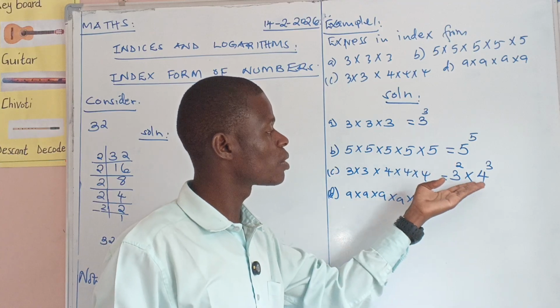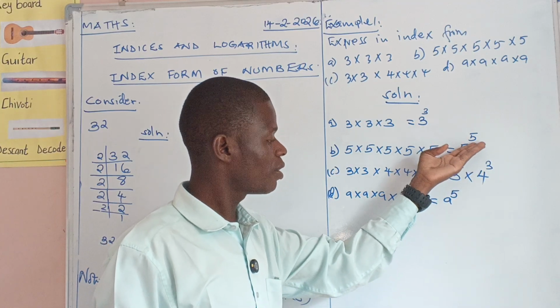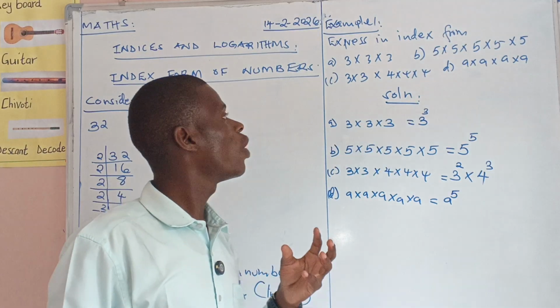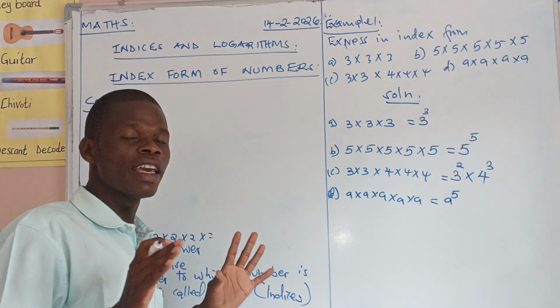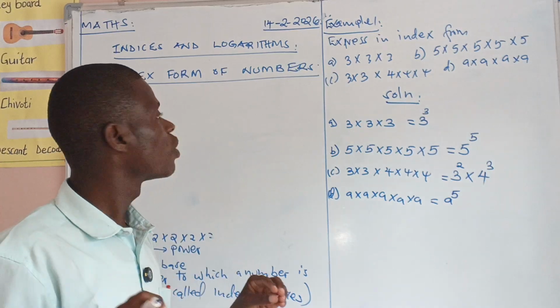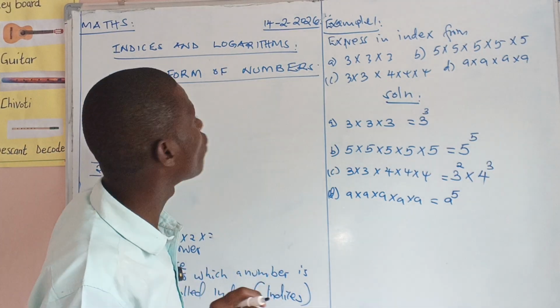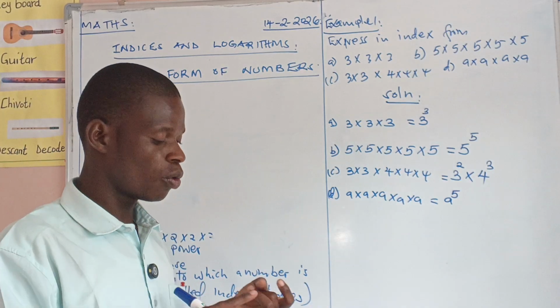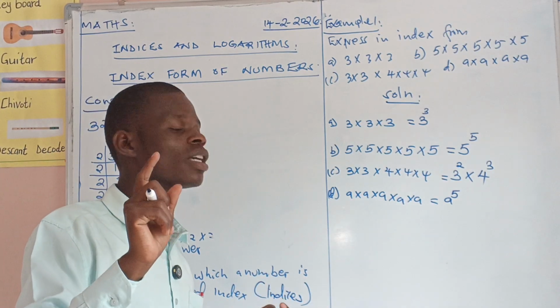So we have 3 raised to power 2 times 4 raised to power 3, 5 raised to power 5, and 3 raised to power 3. It was just that simple. This is the shortest and simplest way of understanding index form of numbers. Number 1, what is an index? The power to which a number is raised.